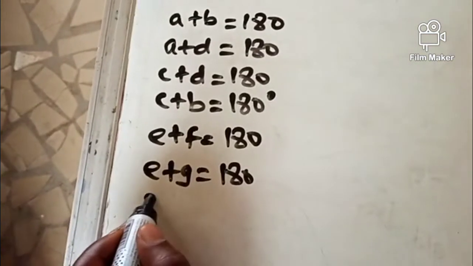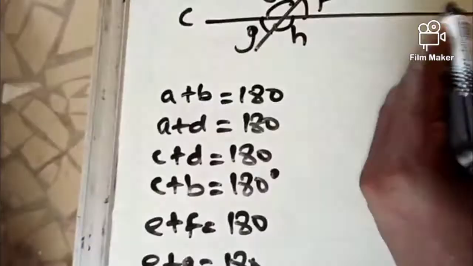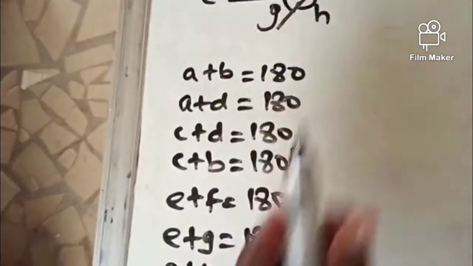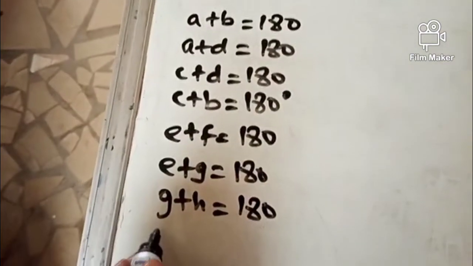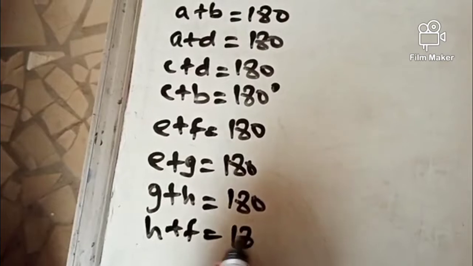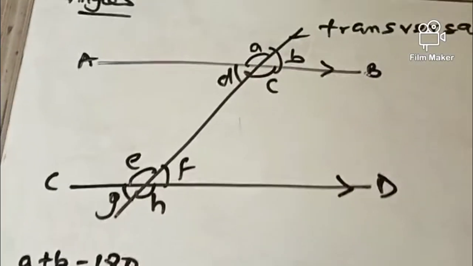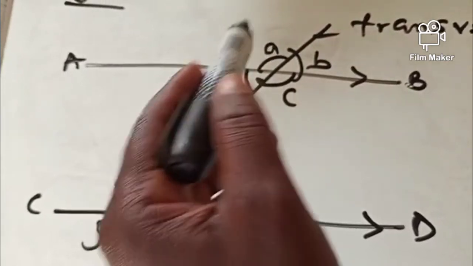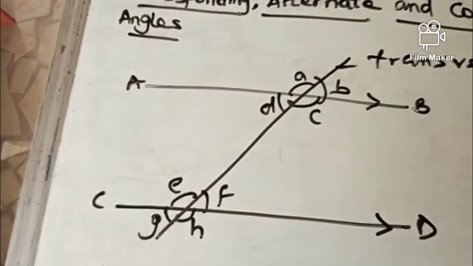Now, G and H on this line CD are on a straight line, so their sum is 180 degrees. Then H and F, their sum is 180 degrees. So in other words, if we are given just one out of these 8 angles, we can use that one angle to calculate the other ones.